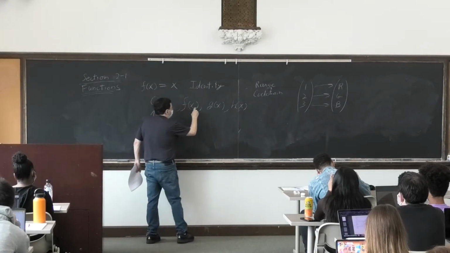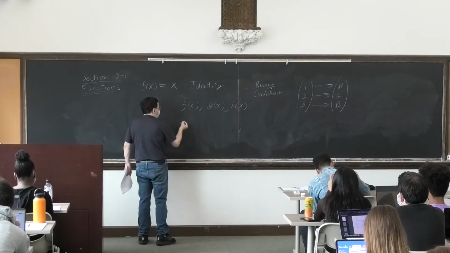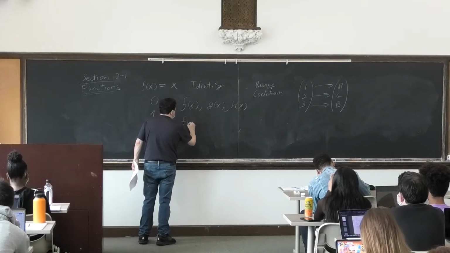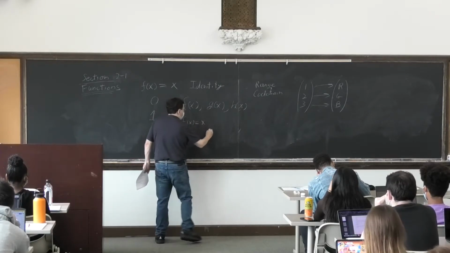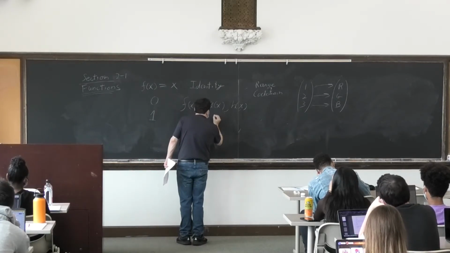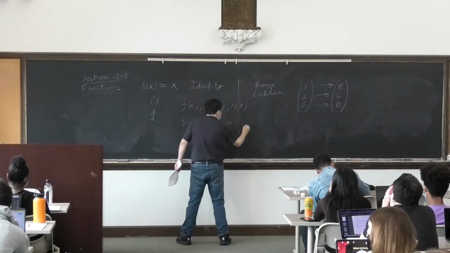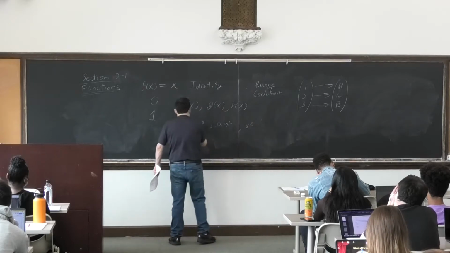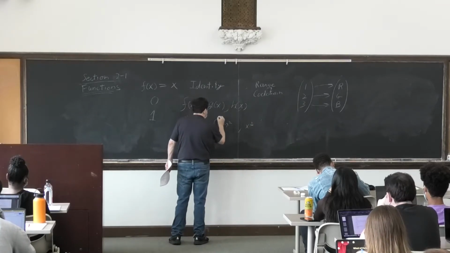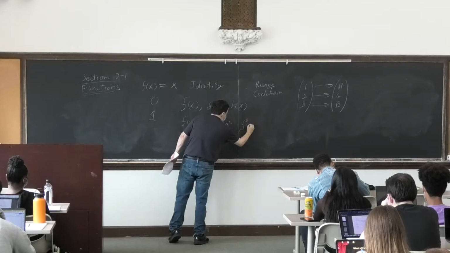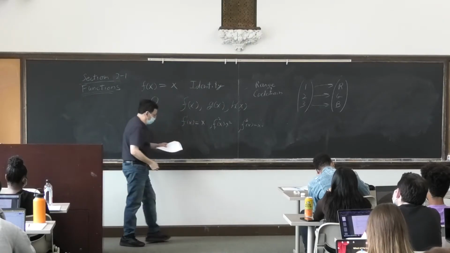If there was something about these functions that we could say, like f of x is x, my next function is x squared, and the next x cubed, I might call this f1, f2, and f3. You can use notation that way.